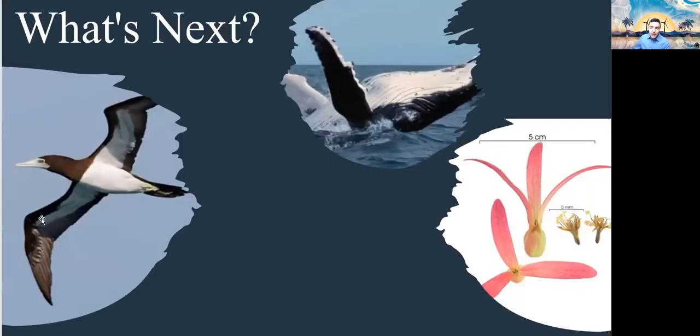So basically, these are the bio-inspired and smart aspects of my blade. This is a brown booby bird, and what's bio-inspired from it is the shape of the wing. This is a humpback whale, and what's bio-inspired from it is the seriation. It's basically the bumps on the fins, like I showed you in one of the previous studies. And then this is a flower that opens and closes, and it can explain the smart aspect.